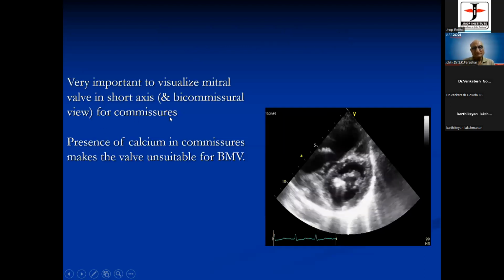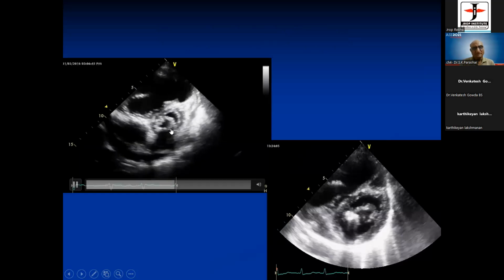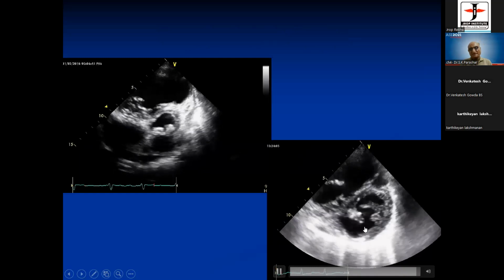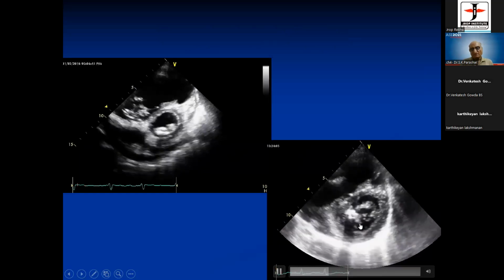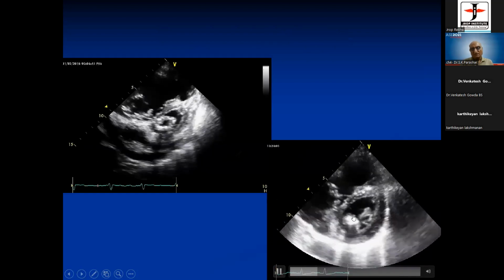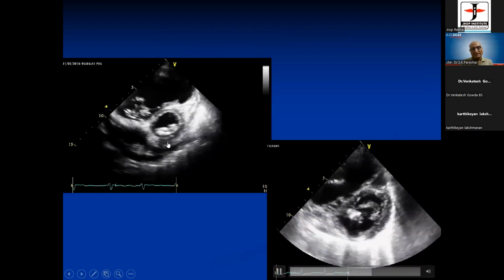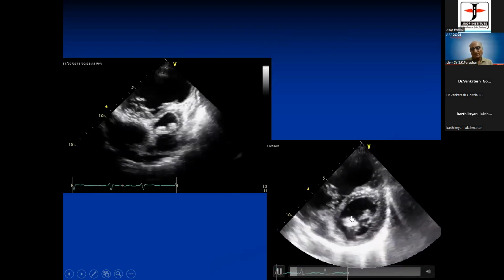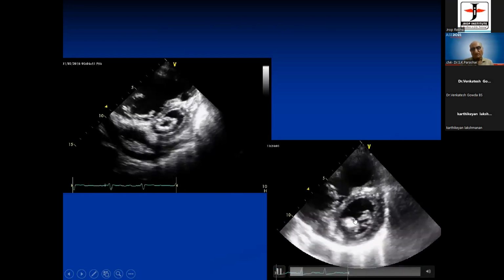And for example, here you see there is nothing, and here you see there are calcified commissures. So this is marked calcification, and because they have to split the commissures, we always write that the commissures are calcified, and here they are not calcified, and so that means this does not become fit for a balloon valvotomy.